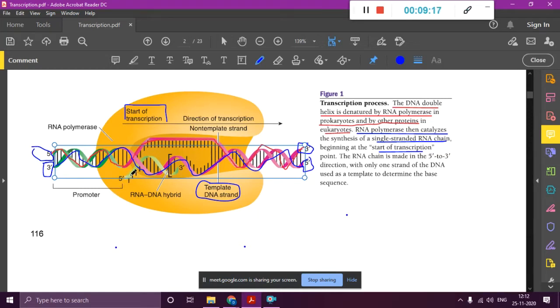So this molecule which you see here is the RNA which is being transcribed. The addition of nucleotides is the same. In DNA replication you had dNTPs coming and sitting.